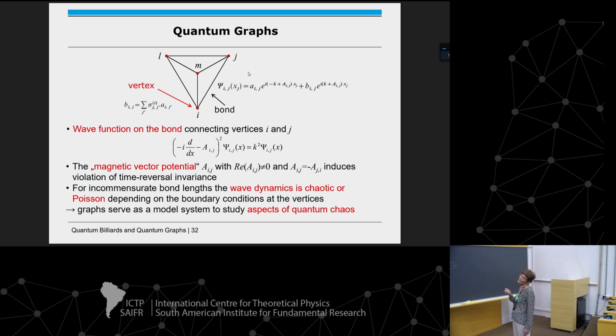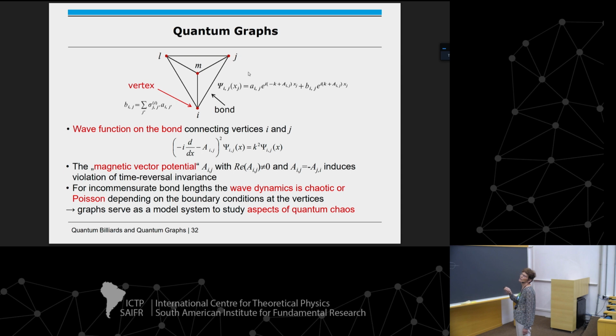The waves on the bonds can be time reversal invariant. Time reversal invariant would mean that you have a 0 here instead of Aij, and then you have the one-dimensional Schrödinger equation. If you want to induce time reversal invariance violation, then you can introduce a magnetic vector potential Aij, where the real part of Aij is not equal to 0, and Aij should be anti-symmetric.